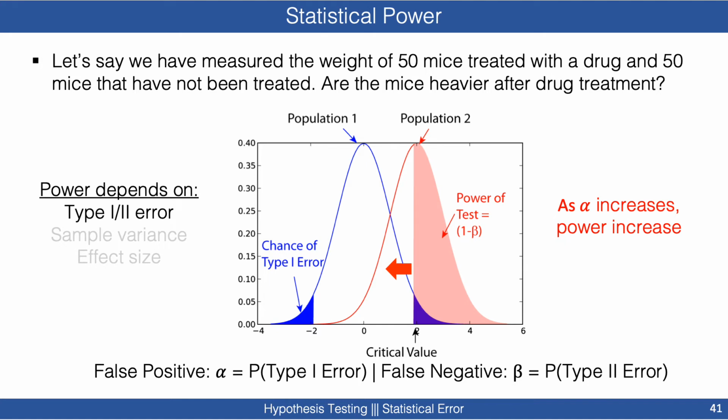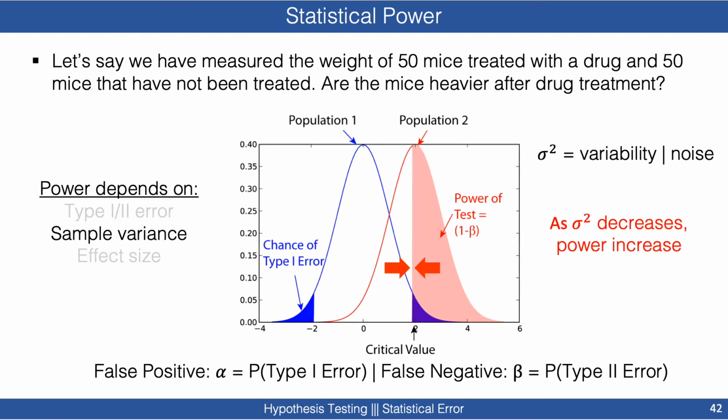There are other things that have an impact. Another factor that dramatically affects your power is the variance, the variability of your measurements, because the more variable they are, remember our t-statistic, the denominator for that t-statistic was the sample variance, or the error around the mean, and the greater that is, the smaller your t-statistic is.